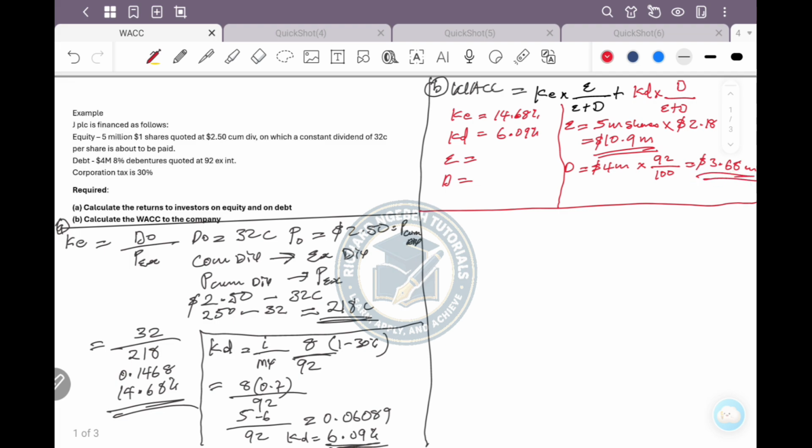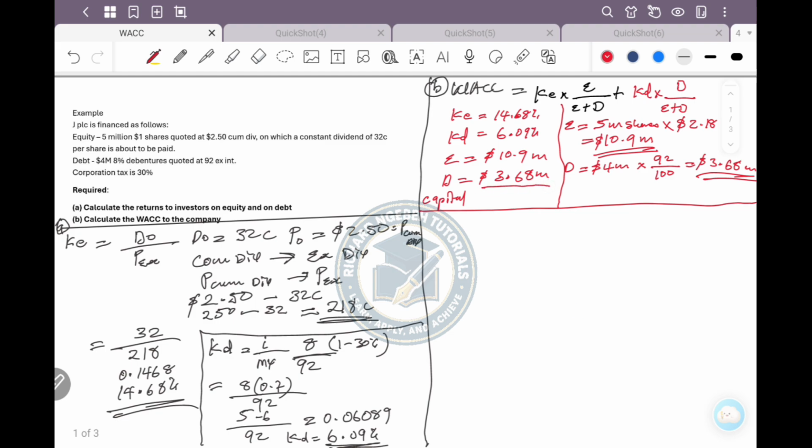Okay, so now you have your equity. What is your equity? $10.9 million. You have your debt. What is your debt? Your debt is $3.68 million. So what is the total of the capital?